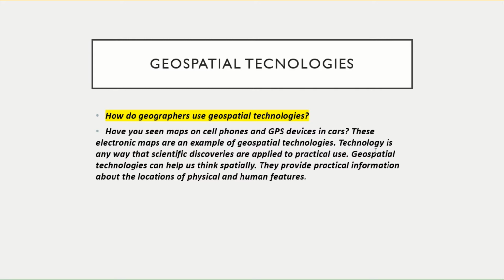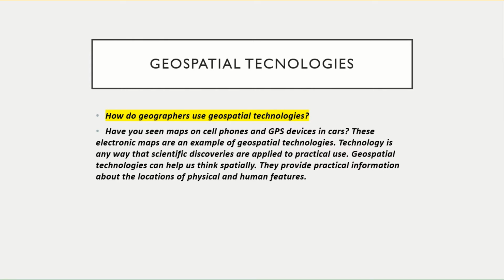These are examples of geospatial technology. Technology is any way that scientific discoveries are applied in practical use. These devices can be a mobile phone, GPS, laptop, computer, or television. These are all geospatial technologies.